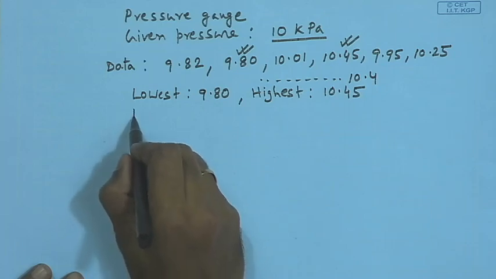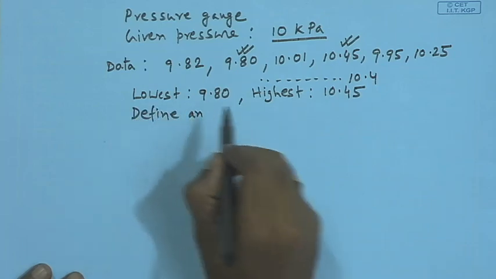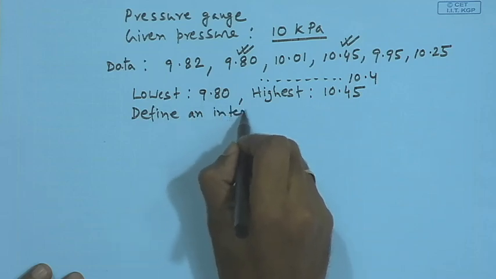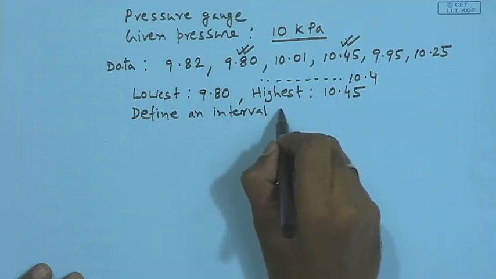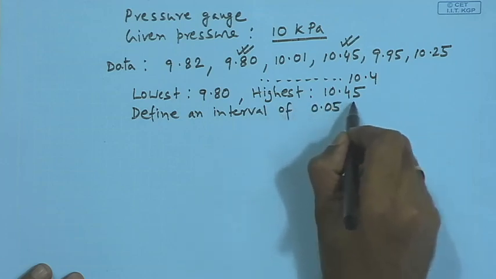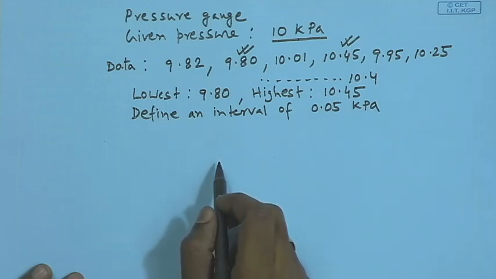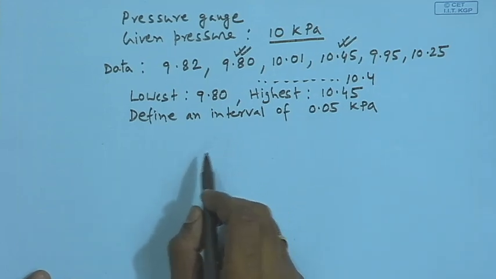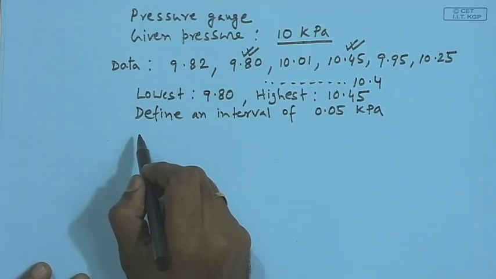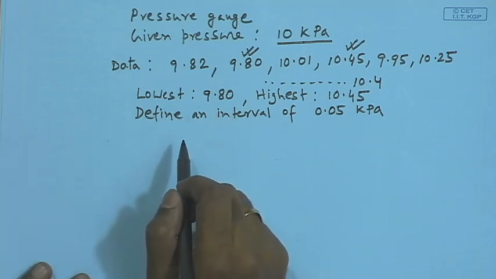Now, let us define an interval of, let us say, 0.05 kilopascal, and we want to determine how many readings fall in each interval of 0.05 kilopascal.